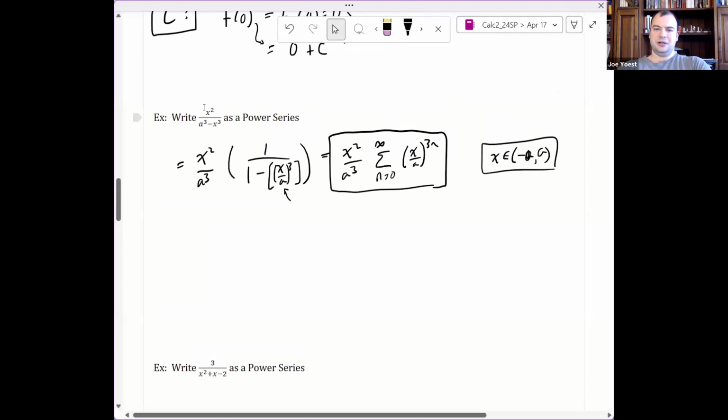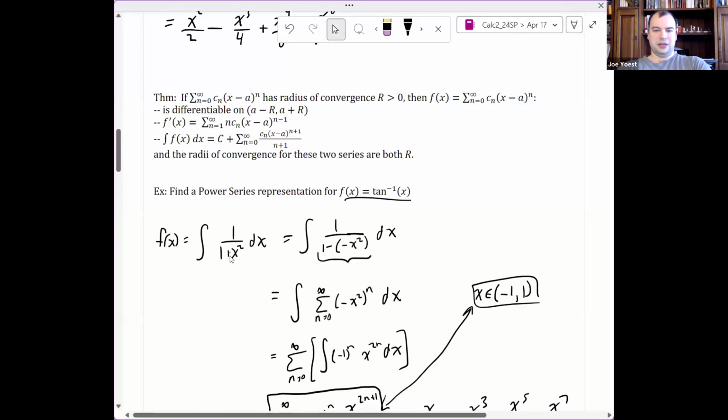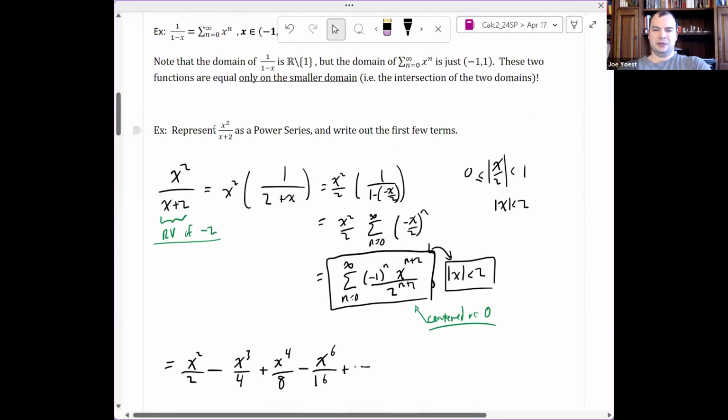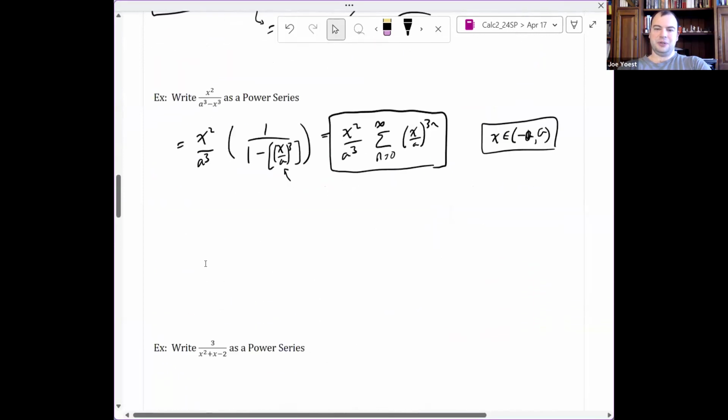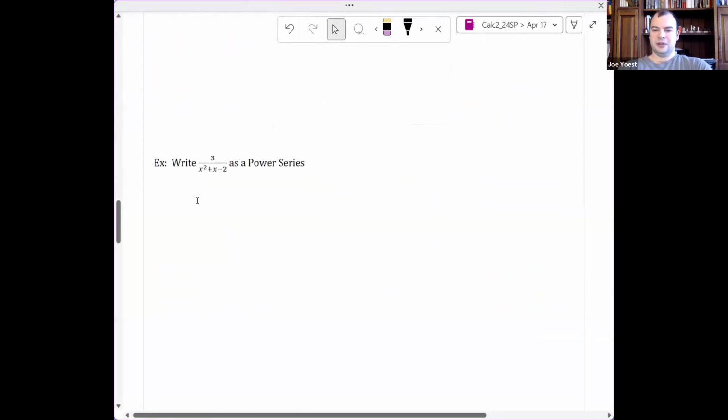Unfortunately, I don't see an easy way to make this look like a geometric series like I was able to for these examples. I have 3 fundamentally different terms here in the denominator. If I just had 2 different terms, I could maybe massage it into a geometric series type form. But with 3 terms, it doesn't seem to work.